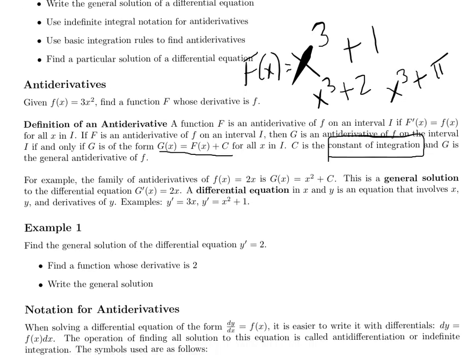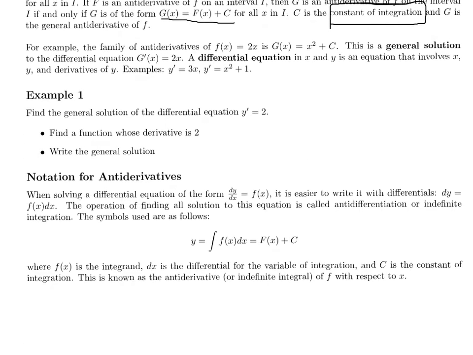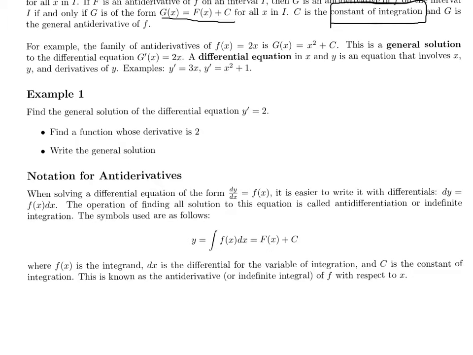For example, if we have little f equals 2x, what function has a derivative that is equal to 2x? X squared. So x squared is an antiderivative. The general family of antiderivatives would be x squared plus c, where c is, again, what's the name of c?